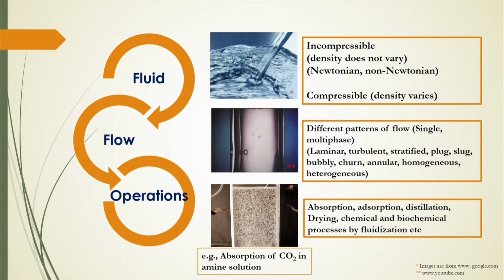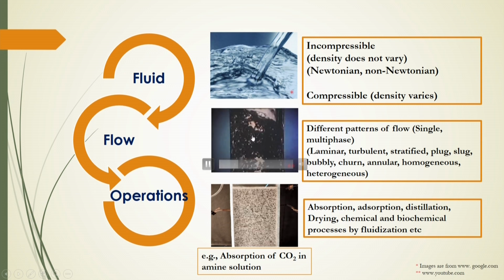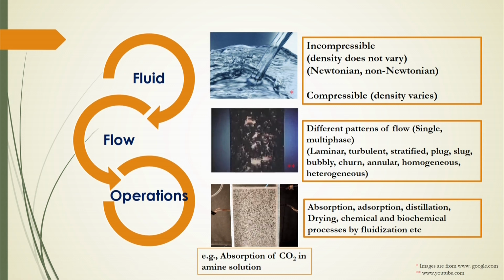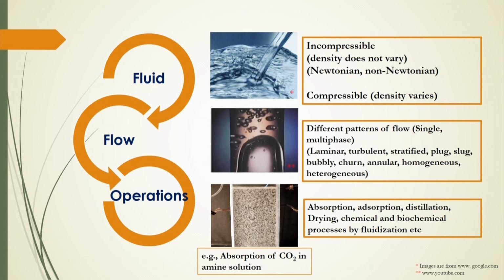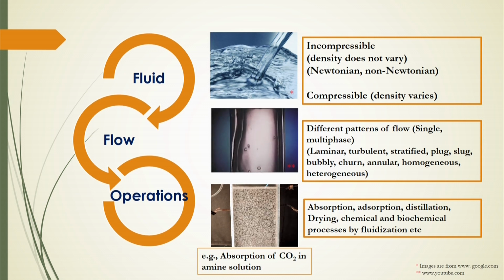You will see in this figure there is a flow of gas and liquid. See, gas is flowing from the bottom to the top, and there is a certain pattern of this flow of fluid. Here gas is flowing from the bottom to the top as bullet-shaped bubbles.